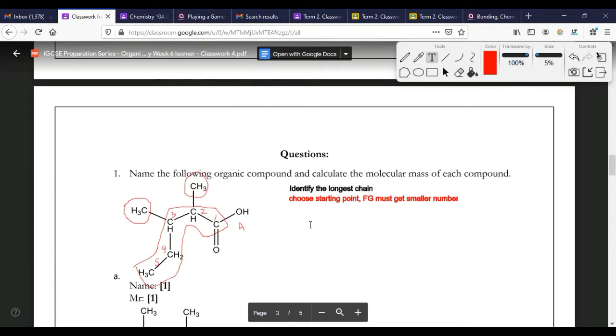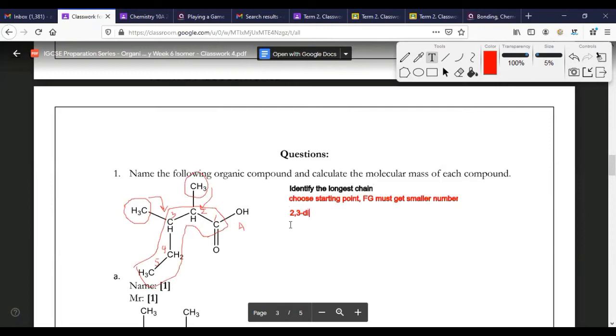We got CH3 here, and this CH3 is attached to carbon number 2, and this CH3 is attached to carbon number 3. That's why the name for this carbon is 2,3, because we need to state the position of the branch, and after that dash, and then we need to use prefix di to indicate we got two branches.